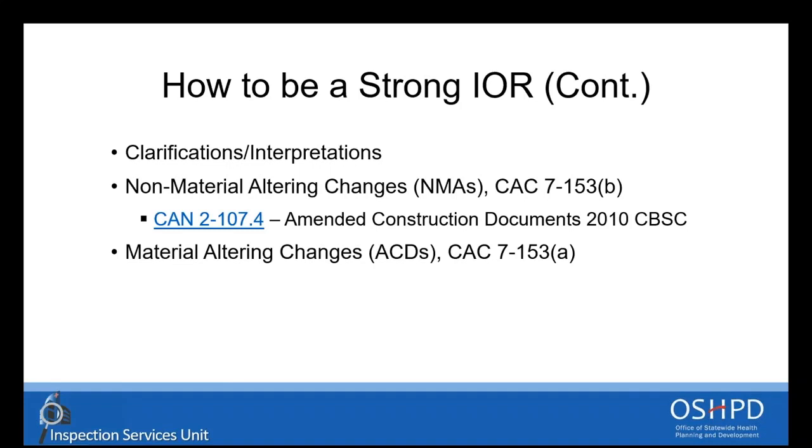Now we are using non-material altered change or material altered change. So we have 7153, and also the amended construction documents for older projects, 2010 and prior. A material altered change actually requires an ACD, and ACD means amended construction documents.